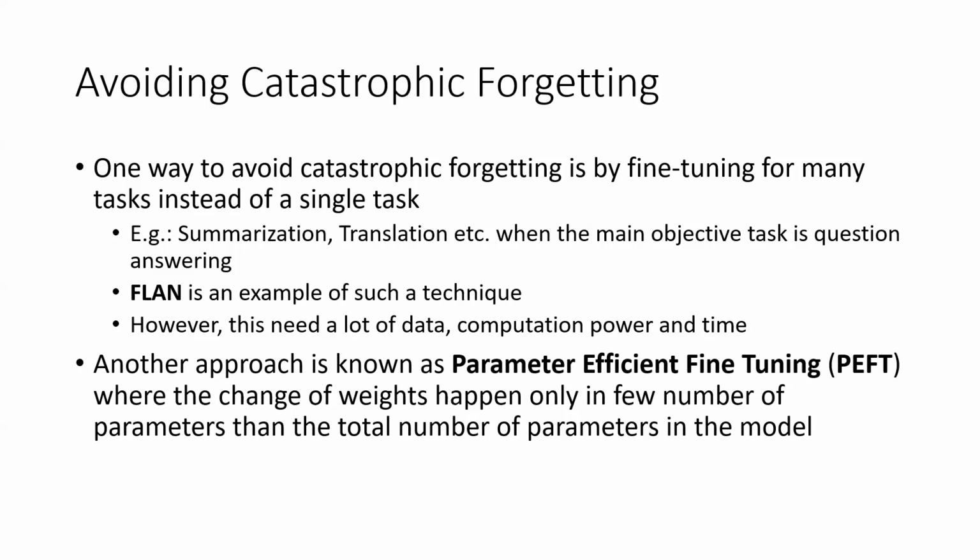If you are training a PaLM open source model with FLAN, it is known as a FLAN PaLM model. Similarly, you can use the FLAN technique for multitask learning for different tasks instead of a single task that we want to train. So that is one way of avoiding or reducing the catastrophic forgetting.